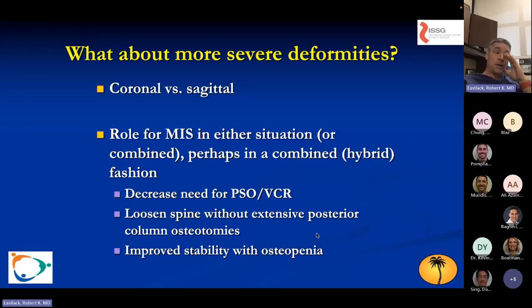There are cases where MIS, such as an ACR, could fit well with a PSO in a more severe deformity where there is some capacity to utilize an open disc space.